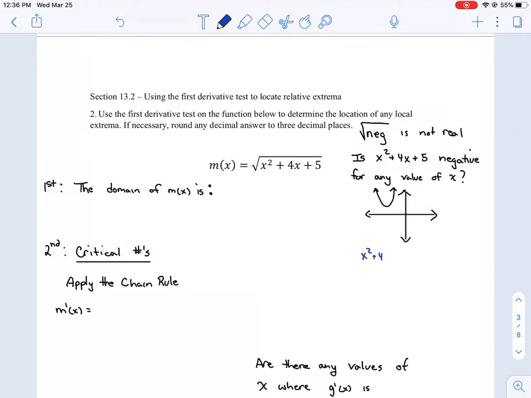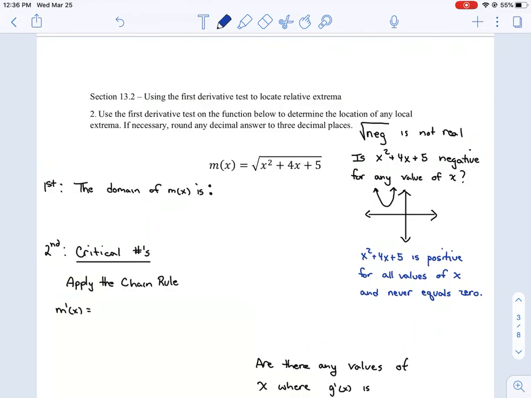So x squared plus 4x plus 5 is positive for all values of x and never equals 0. And that's going to be important for later.